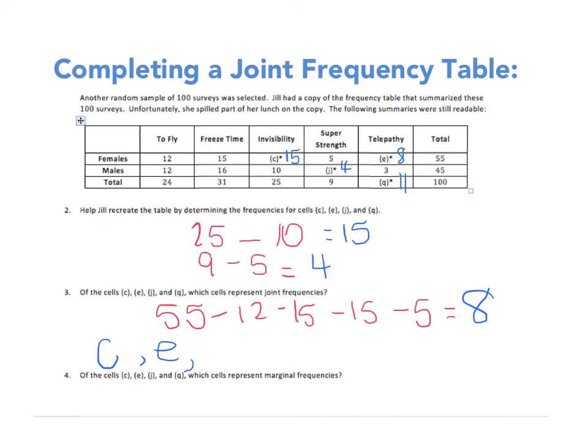And then J is also a joint frequency because it's between males and super strength. And Q is a total, so it is not. It goes down here as a marginal frequency. So make sure you have those notes down. Make sure you wrote the table down and you know how to answer the questions.